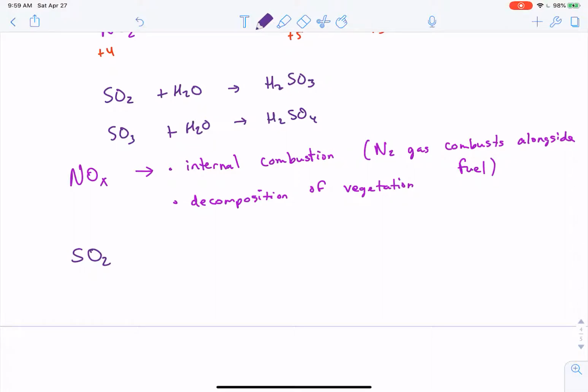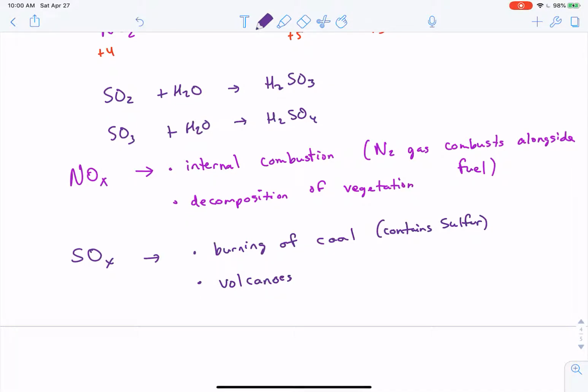SOXs, or sulfur oxides, come from, one, burning of coal, because coal contains sulfur. But it also comes from volcanoes. Volcanic eruptions throw up a lot of sulfur into the atmosphere as well. So that's your natural method of producing SOXs.